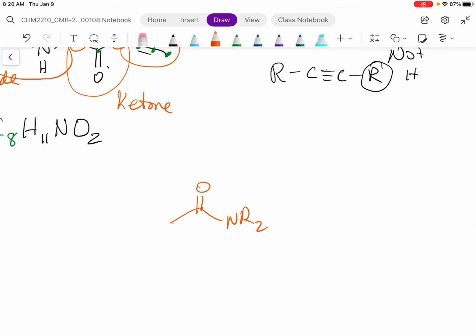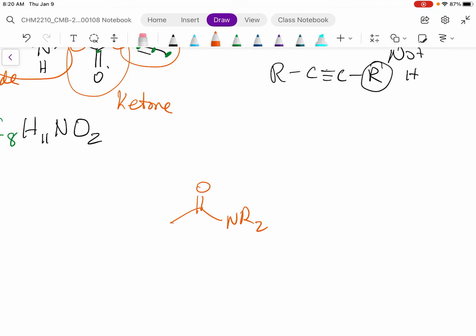Like if I draw something like that, you would say that's an amide. But that's too straightforward. It's going to be incorporated into much more complex molecules that we deal with in everyday life. They're bigger. Okay?